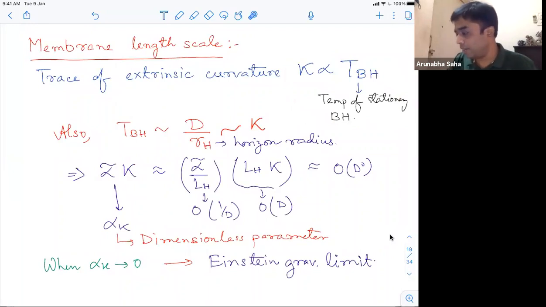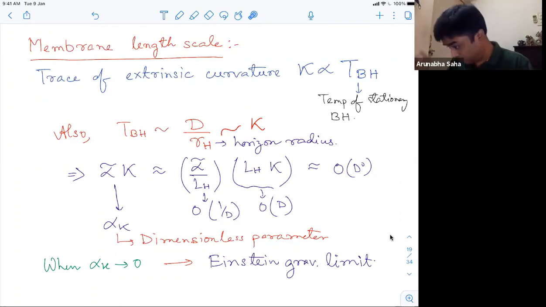The temperature of a static black hole is proportional to 1 over the radius of curvature, but the proportionality factor is D. So kappa is inversely proportional to the length scale, but it has a factor of D.